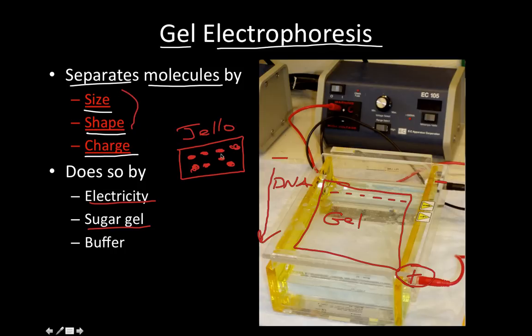So here we have this jello-like thing, our gel, with a whole bunch of sugar molecules in it. And I want you to think of a freeway being jammed in a huge traffic jam. Now, I don't know if you've ever done so, but a lot of times little motorcycles are able to bob and weave through the traffic very easily because they're very, very small molecules.